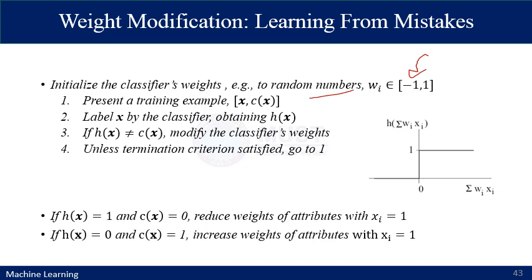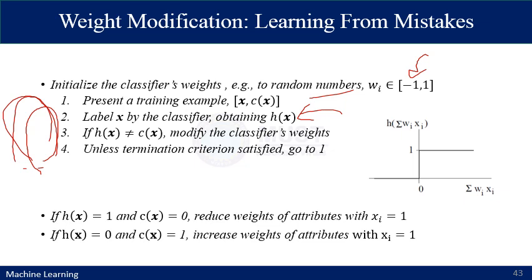Present a new training example to your classifier and label this example by the classifier, obtaining the prediction, which is referred to here as h of x. If our prediction is not equal to the actual target or label, you have to modify the classifier's weights, and unless the termination criterion is satisfied, you keep repeating this loop.